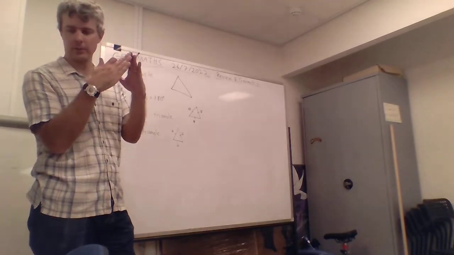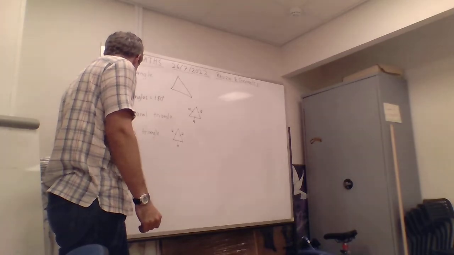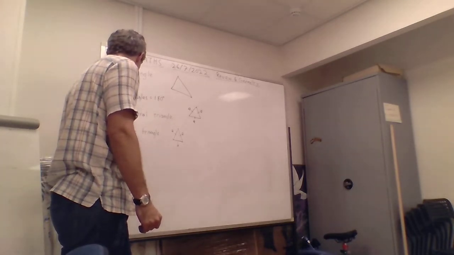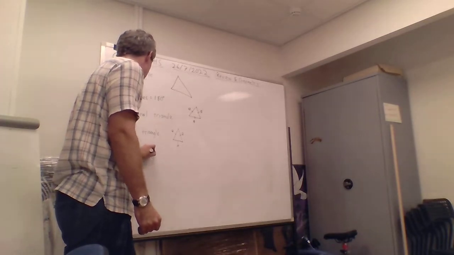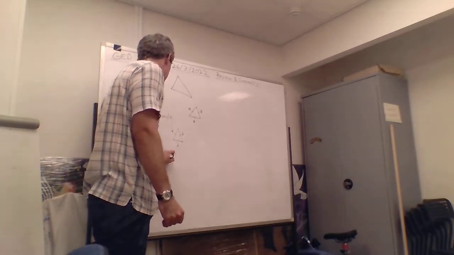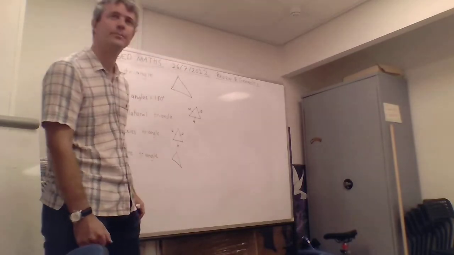Okay? 2 sides are equal. And then finally we have what's called a scalene. And that is where no sides are equal.